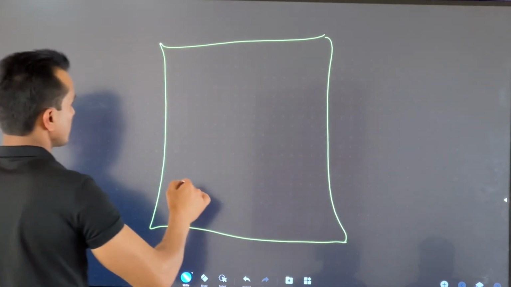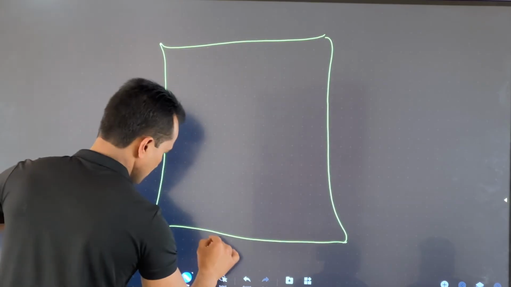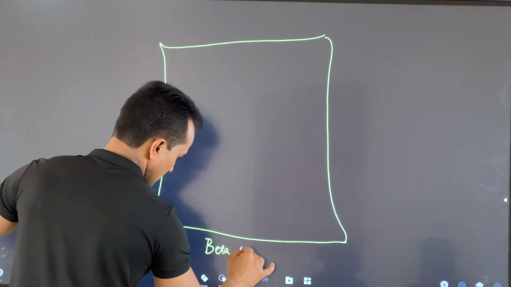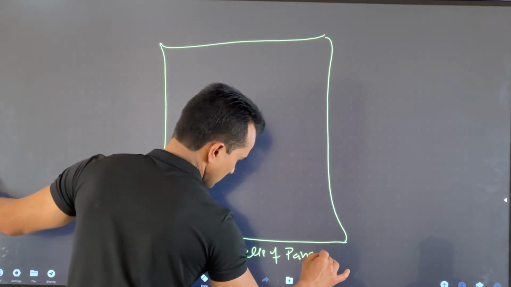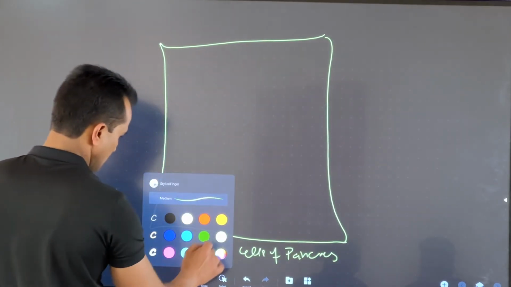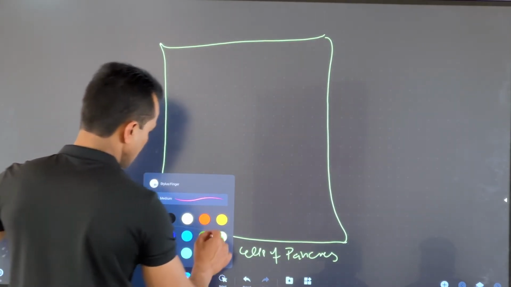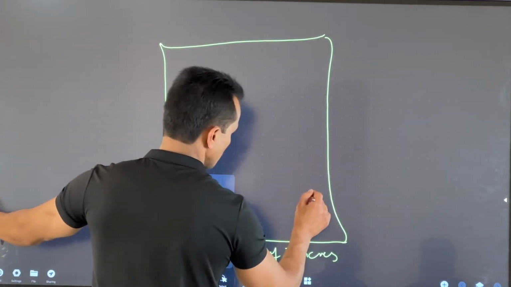Suppose this is a beta cell of pancreas, and inside this beta cell we have insulin.